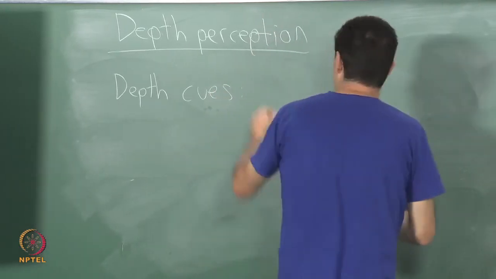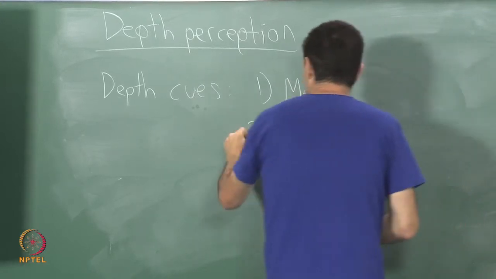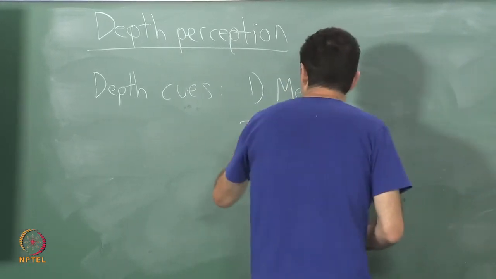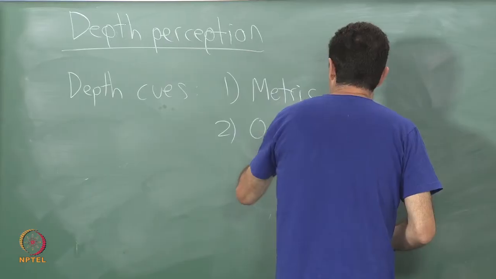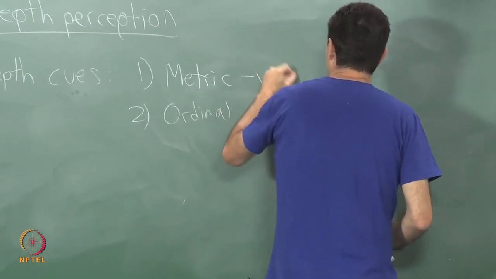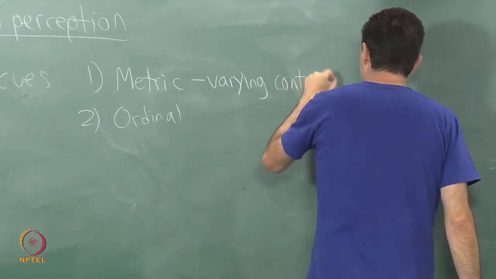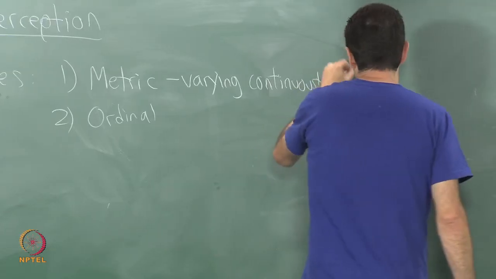One nice way to separate them is into what I'll call metric and ordinal. In other words, metric is going to be varying continuously with distance.